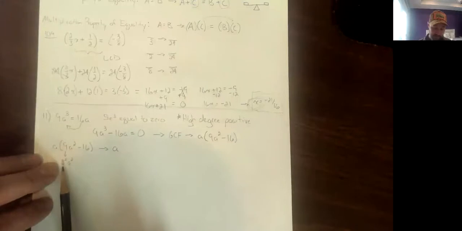Our perfect square is 9a squared. The square root of 9a squared is 3a, because 9 is 3 squared and a squared is a squared, obviously. And 16 is 4 squared. So there are our perfect squares. I have a perfect square minus a perfect square.